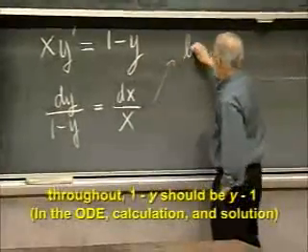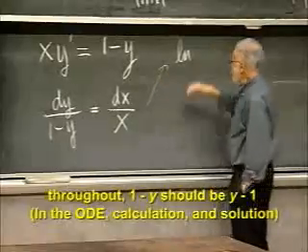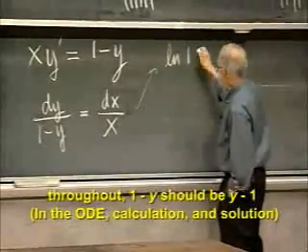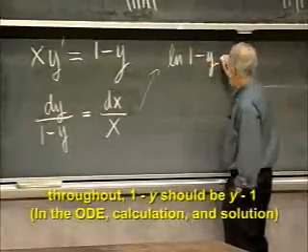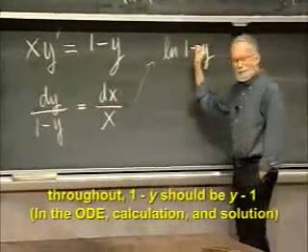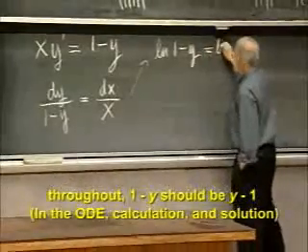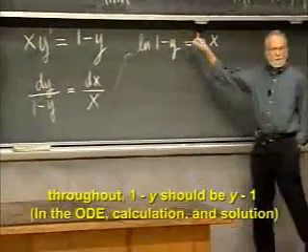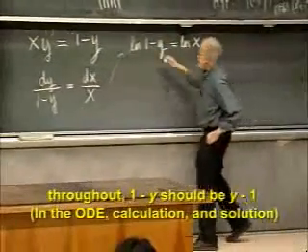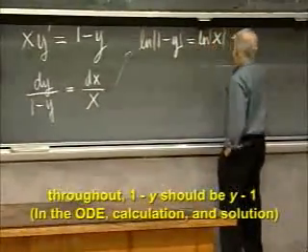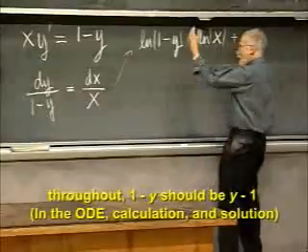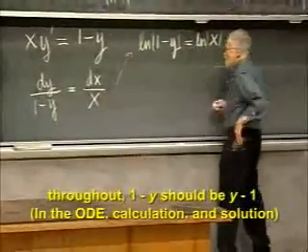And if I integrate both sides, I get the log of 1 minus y, with an absolute value. I never bother with that, but you can. Plus a constant. And now if I exponentiate both sides, the constant is positive.